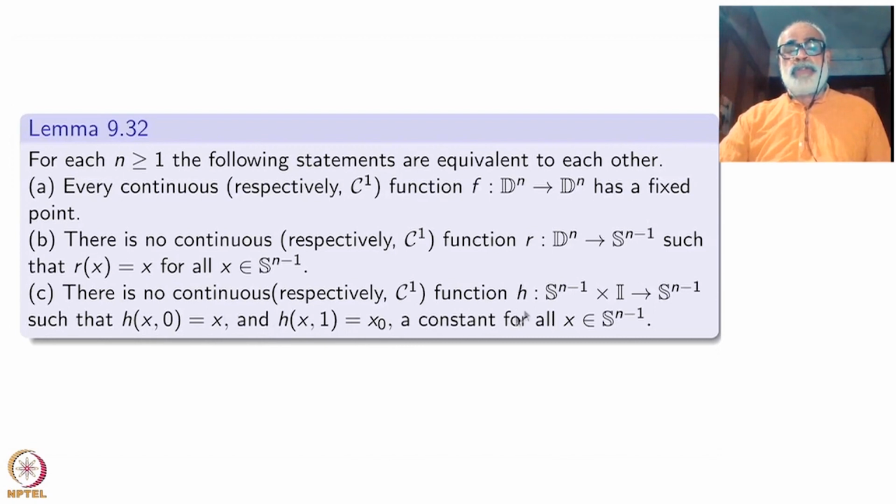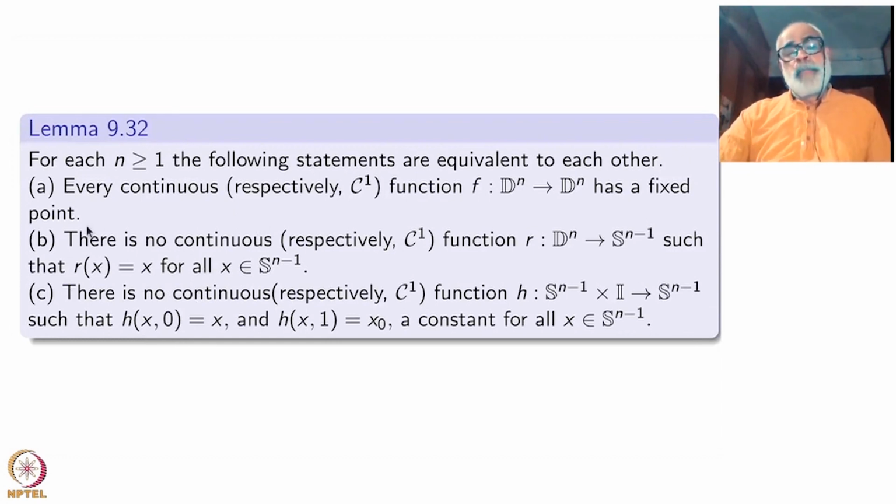There is no continuous homotopy, meaning not homotopic to a constant function. In each of them I have put in brackets C1. So there is one version where you have to take C1 everywhere, another version where you take just continuous. That is the meaning of this. These three are equivalent conditions.